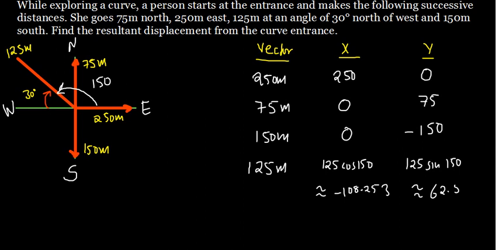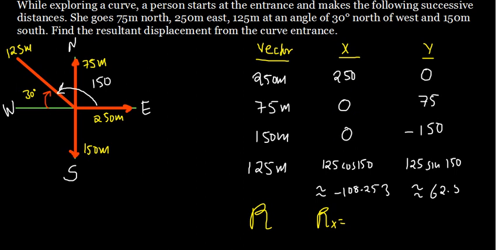Yes, sir. Alright, and now we need to find the resultant. For the resultant, add the x components alone. You add 250 plus 0 plus 0 plus negative 108.253.